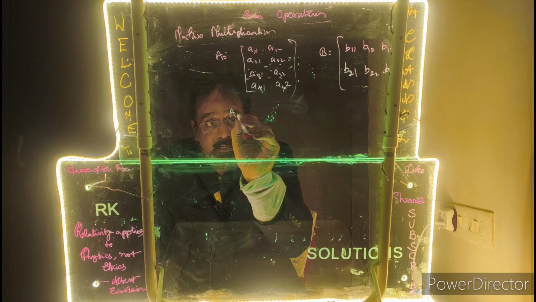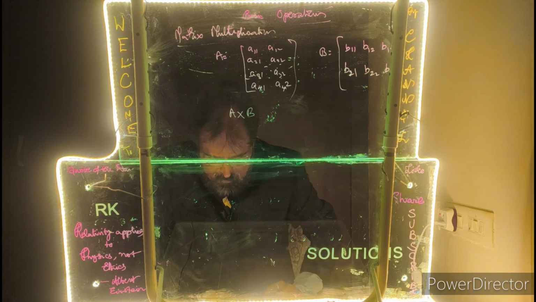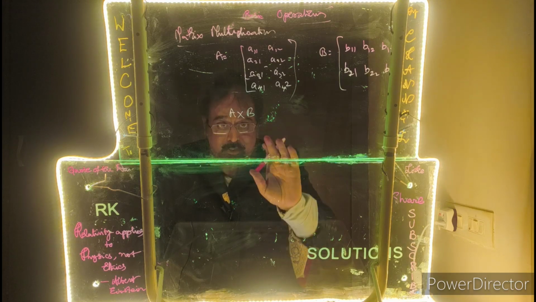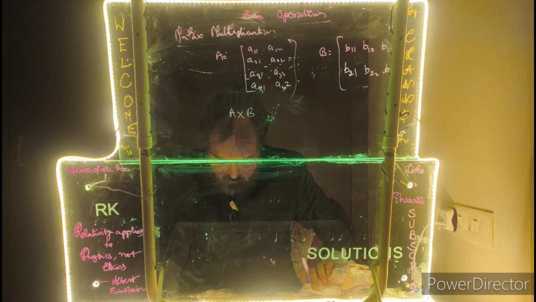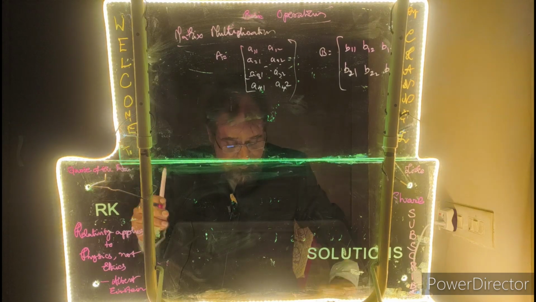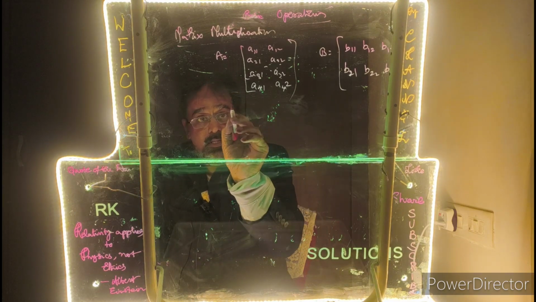Then A into B, that is A cross B. Basically, we don't represent it like that. We don't even put the multiplication sign, it means something else.